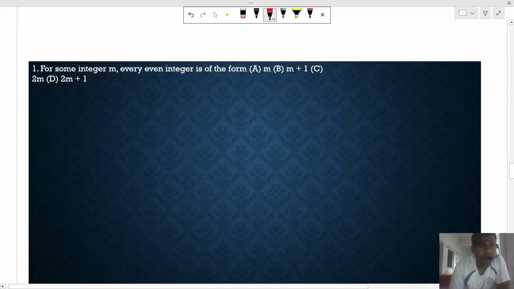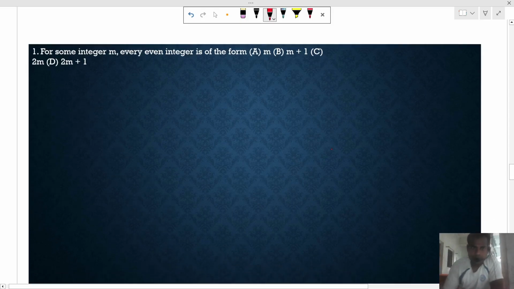The next question is: for some integer m, every even integer is of the form 2m. The concept is even is equal to 2m, and odd is equal to 2m plus 1. If you want to check, you can put value 1 or 2.